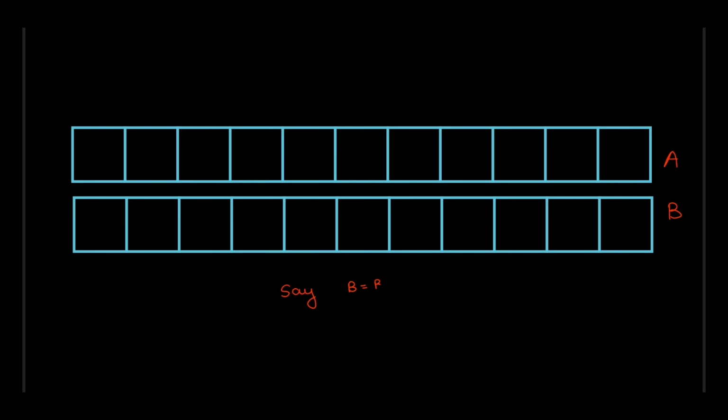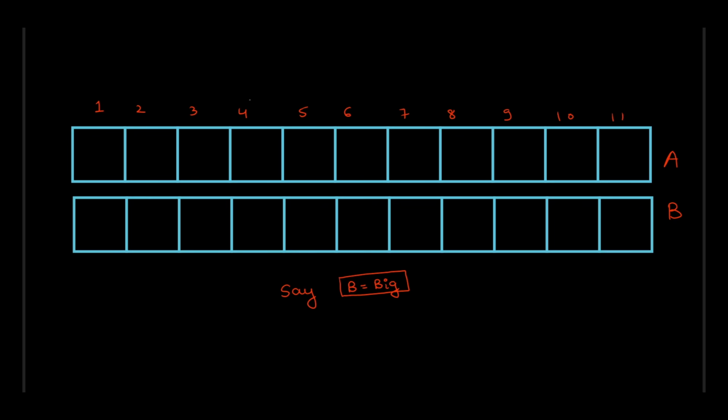Let's have this notation so that you will remember throughout this video that B is the bigger array. Then what we'll do is for each index I, let's make sure that all the big elements go to B and all the small elements remain in A.